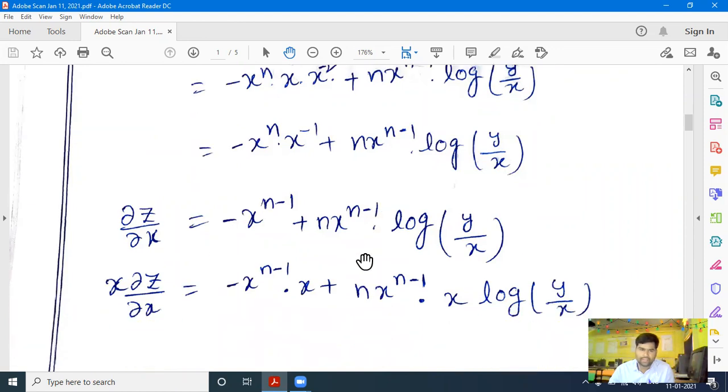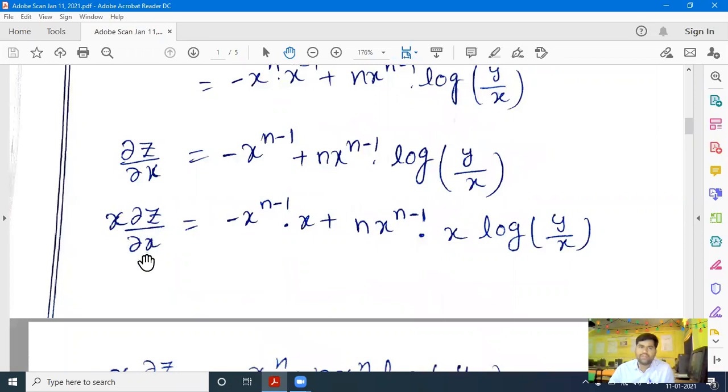So dou z by dou x is equal to minus x whole to the power of n minus 1, plus n into x to the power of n minus 1 into log of y by x. So x into dou z by dou x is equal to minus x whole to the power of n minus 1 into x.